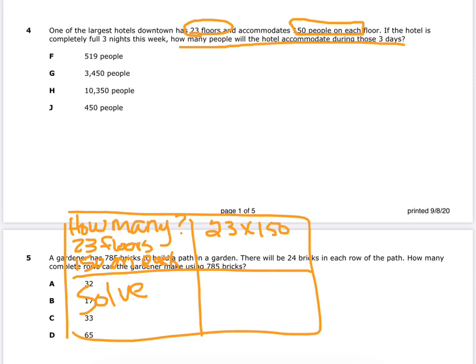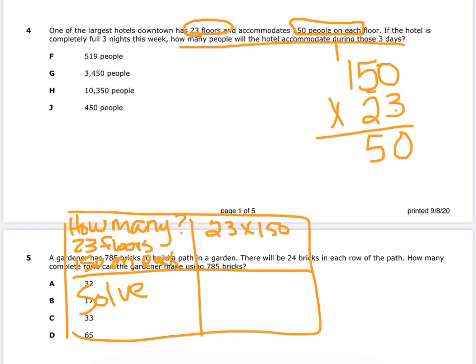So we're going to take 150 times 23. Okay, so remember when we do 150 times 3 first, so that means 3 times 0, which is 0. 3 times 5, which is 15. So I have to carry my 1, bring down the 5. 3 times 1, which is 3, plus that 1 gives it a 4.